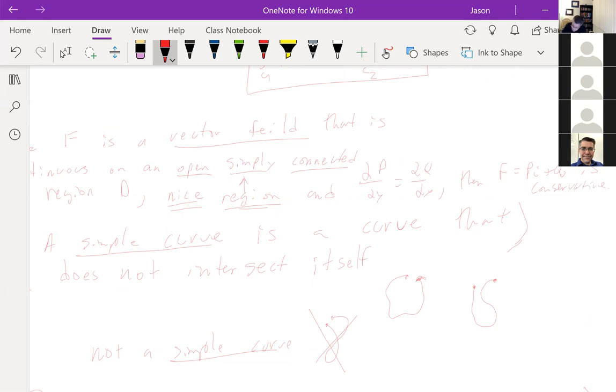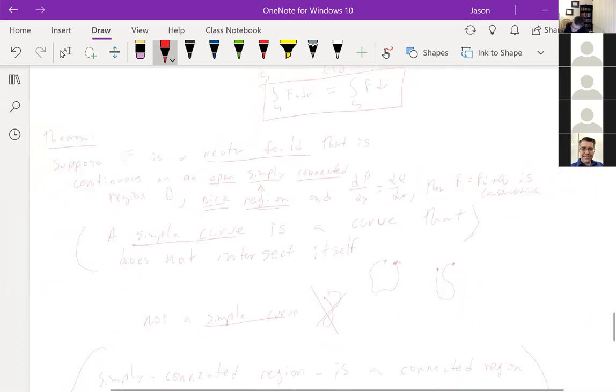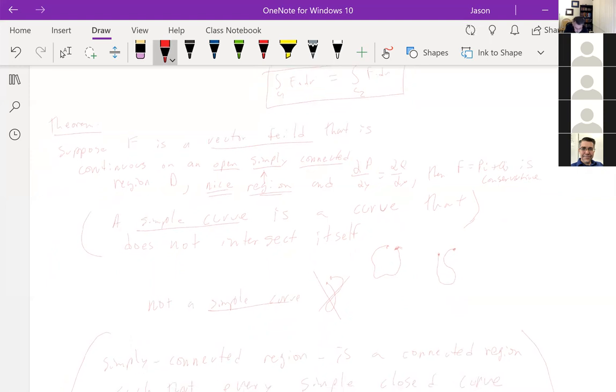It's just saying, if you give me all these really nice things, then this thing is conservative. How do I get all those nice things? It has to be a certain type of region. I didn't want to gloss over that. I wanted to leave that till the end because I didn't want to get bogged down in the details. I wanted to be able to use this right away.